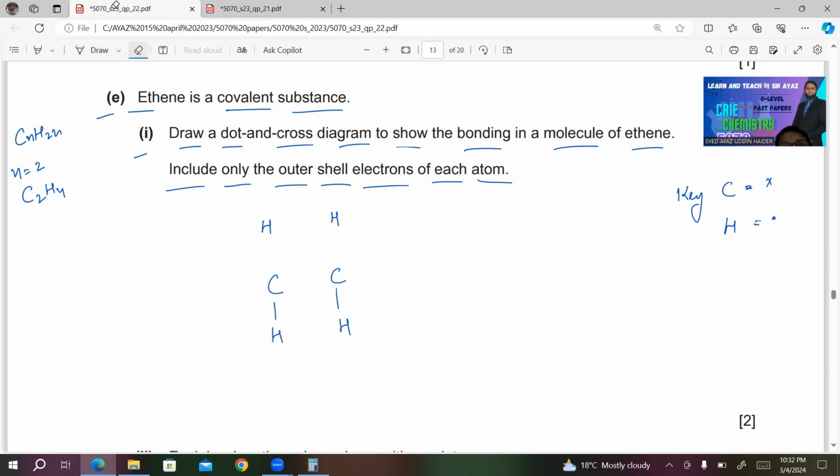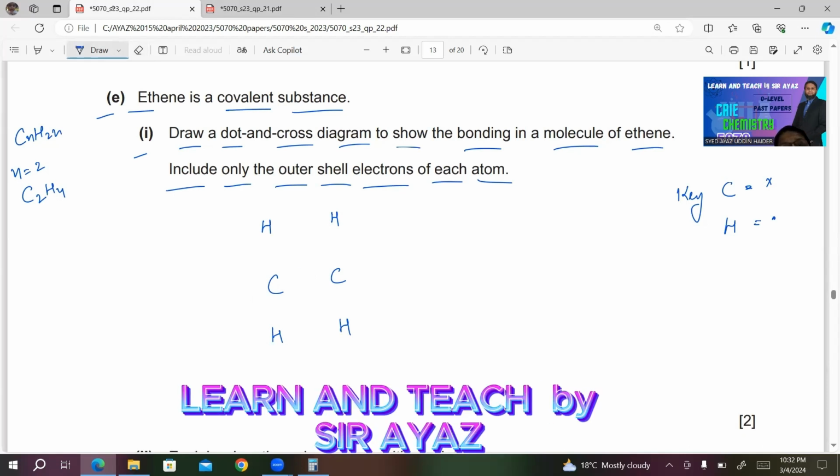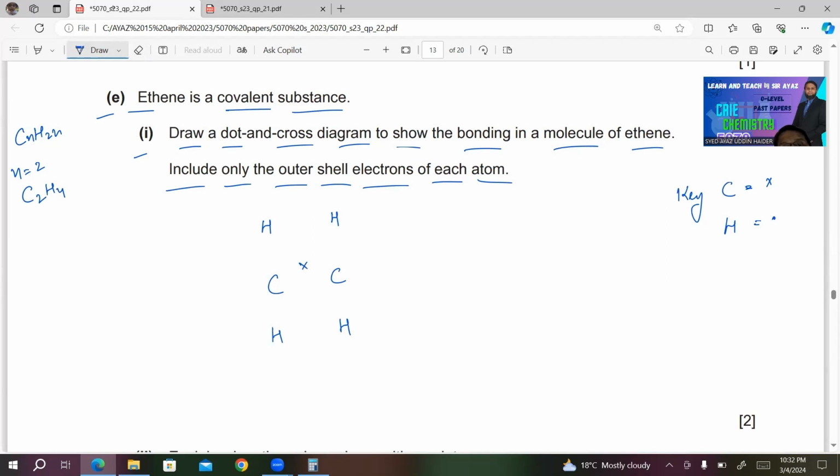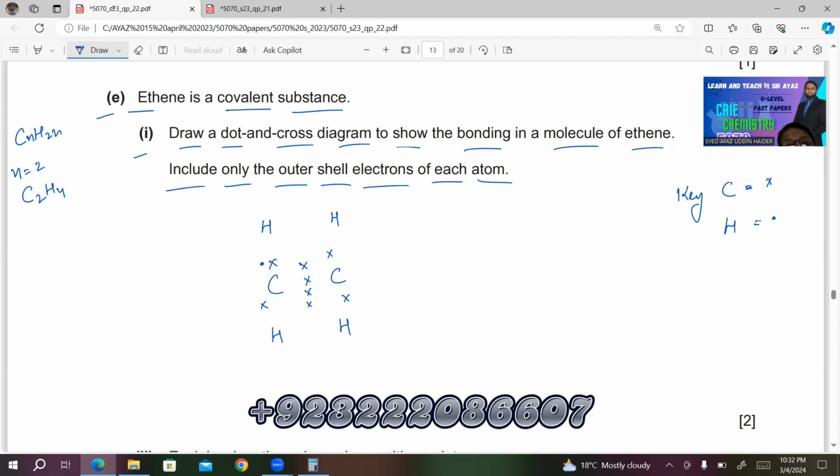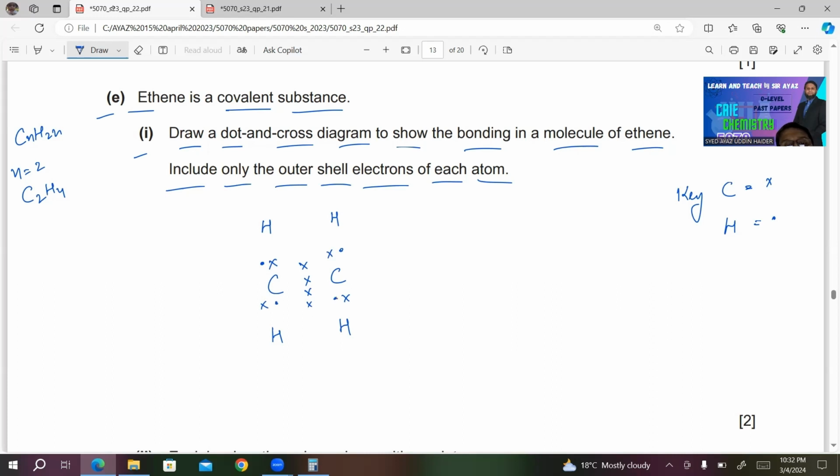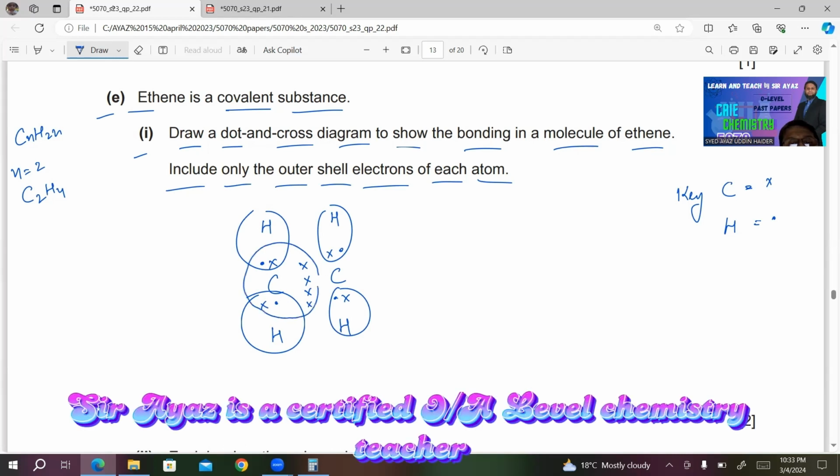So there must be 2 electrons each coming from the carbon atoms. 1, 2, 3, 4. And for the right hand side, 1, 2, 3, 4. For hydrogen atom, use dot. 1, 2, 1, 2. So this will be the final displayed formula, the final dot and cross diagram for ethene.